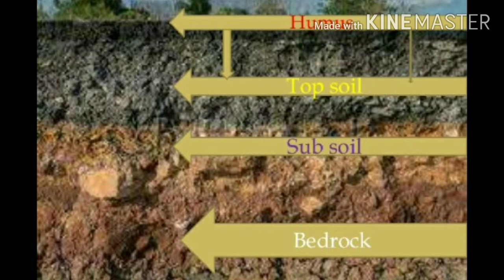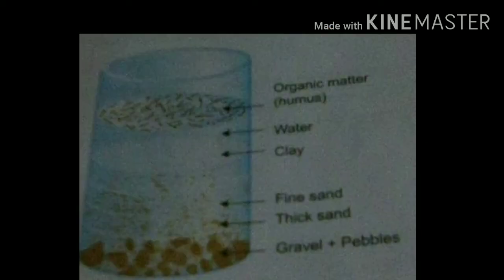Now we have done the activity where we take soil in a glass and fill two-thirds of the glass with water. If you stir it and keep it aside undisturbed for some time, you get layers in the glass.